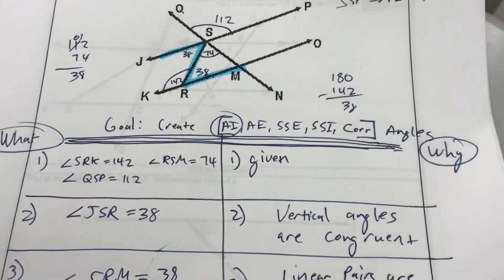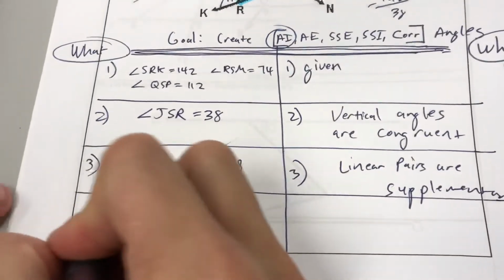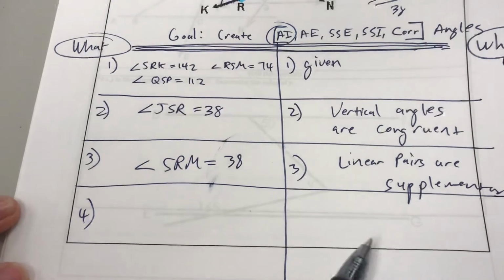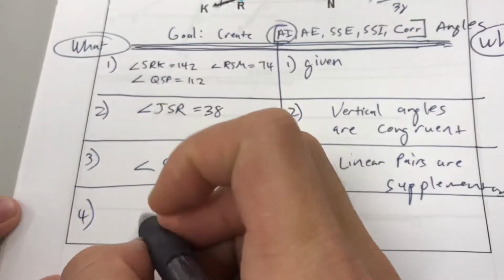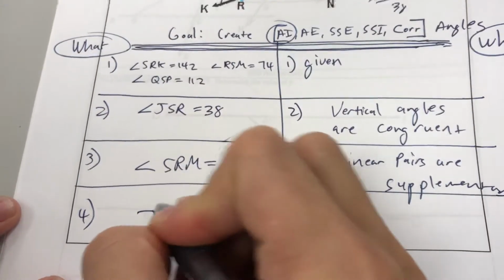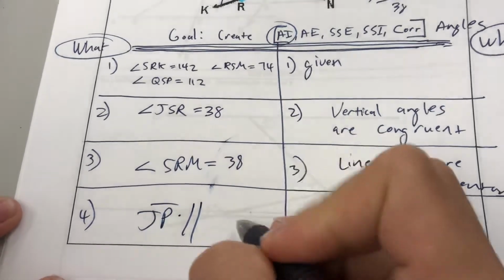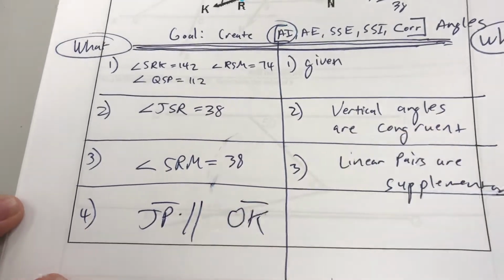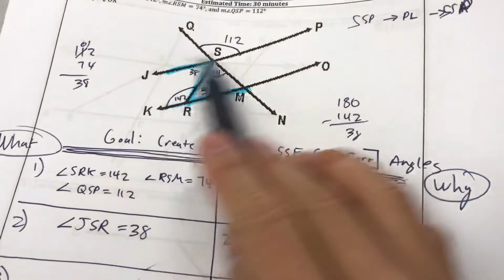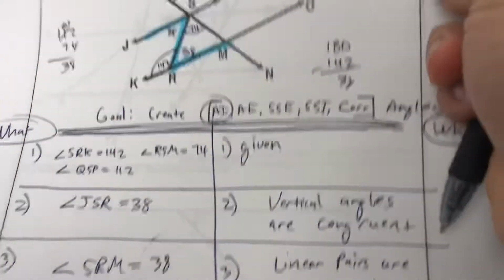So the last thing that I'm able to conclude is, what's the goal? The goal is line JP is parallel to line OK. And how is it that we know that line JP is parallel to line OK, or KO?